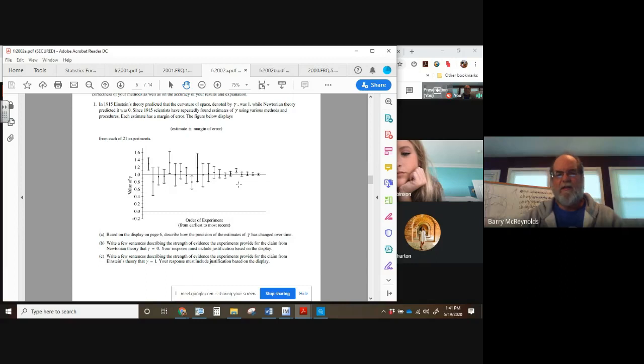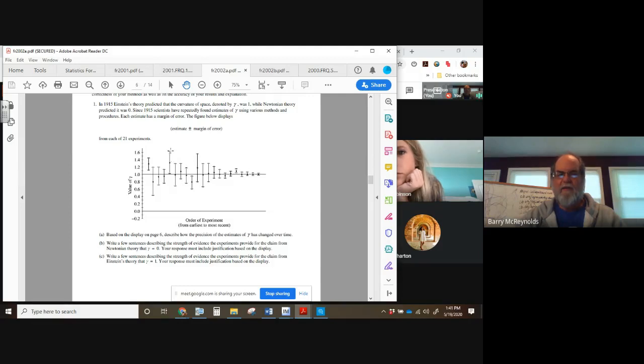The question doesn't really ask you to do a lot of calculations. It just asks you to describe what you see. You'll notice that the data is given in terms of a confidence interval, where the dot represents the point estimate, the value that they obtained in the study.